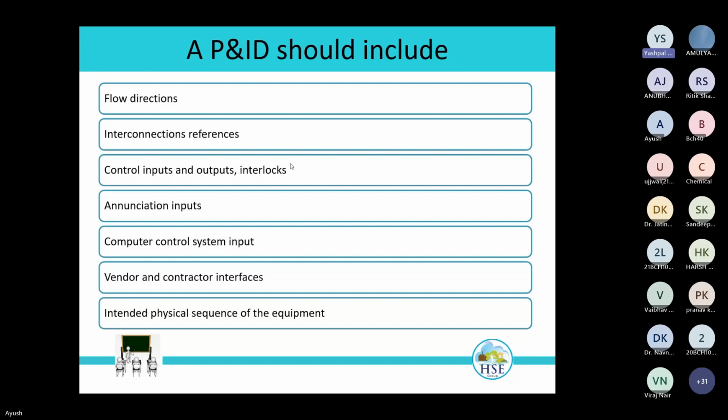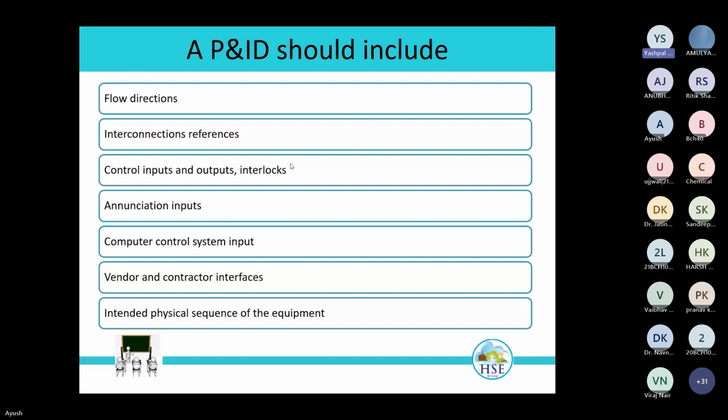So here I just want to add one more thing: besides the P&ID, which we use for the process, we also have a line diagram. You should not get confused between the piping diagram and the line diagram, so I want to make some clarification here. Basically, the piping diagram, P&ID, is used for chemical processes.